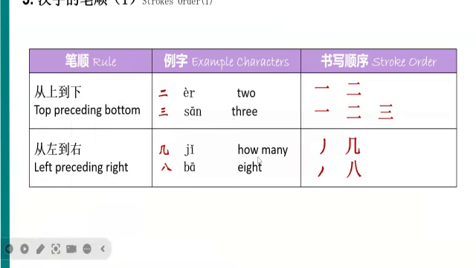Now let's start to learn the new words and the text. Before we start to learn the text of lesson 4, let's review the old lessons.